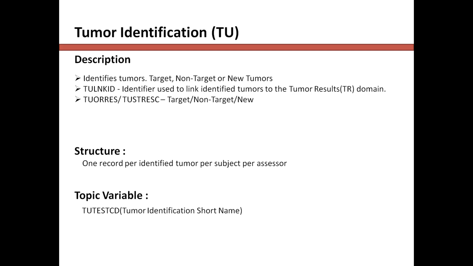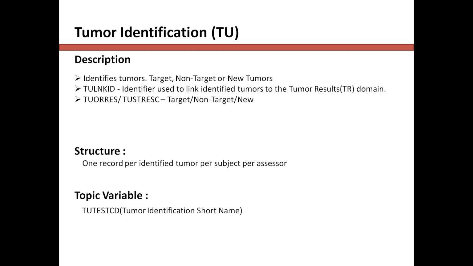We have three efficacy domains in the findings: the first is tumor identification, the second is tumor results, and the third is disease response. Tumor identification contains target, non-target, and new tumor information, and the TU link ID is used to link the identified tumors to the tumor results domain.